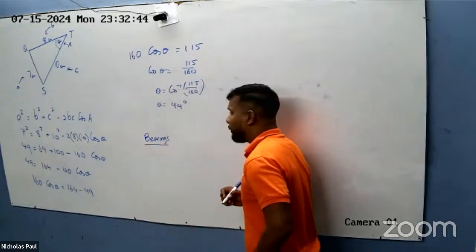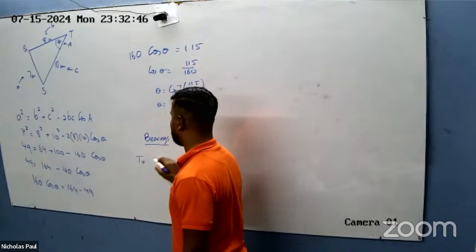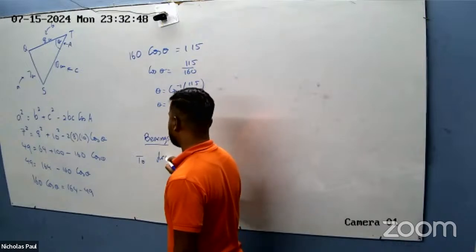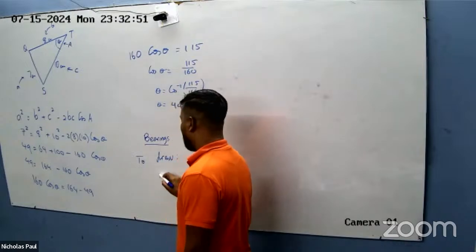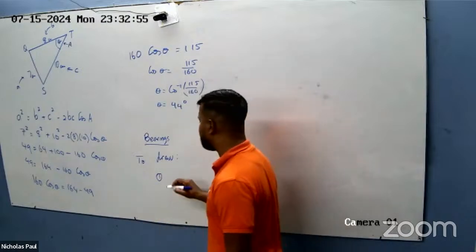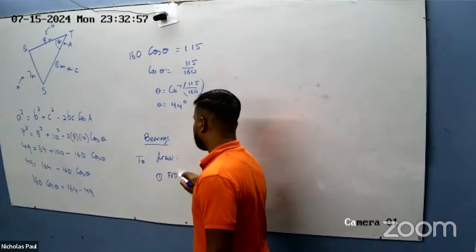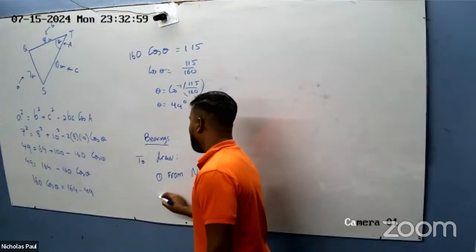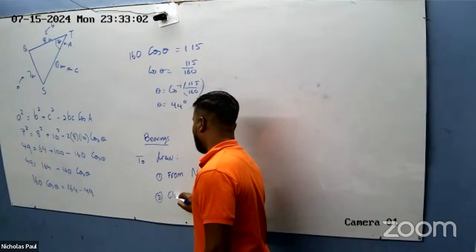So how do we draw bearings, right? To draw them, you need to remember two quick rules. Number one, you always draw from the north. You always start from the north. And you always go in a clockwise direction.